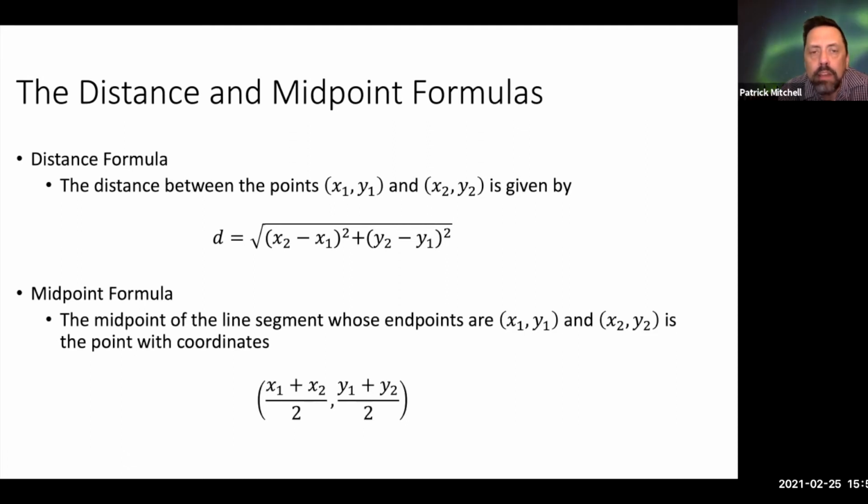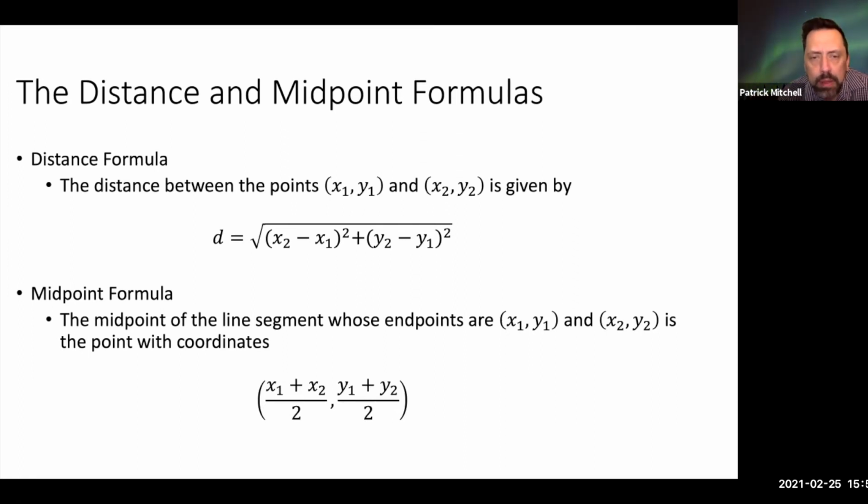D is going to be the square root of the difference in the x's squared plus the difference in the y's squared. So remember, the difference in the x's is the length of the bottom side, and the difference in the y's is the length of the other side. I think I said that wrong the first time. Again, it's the Pythagorean theorem.